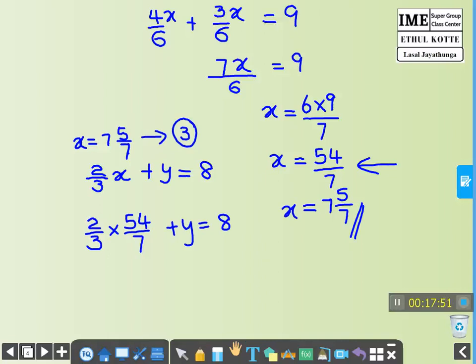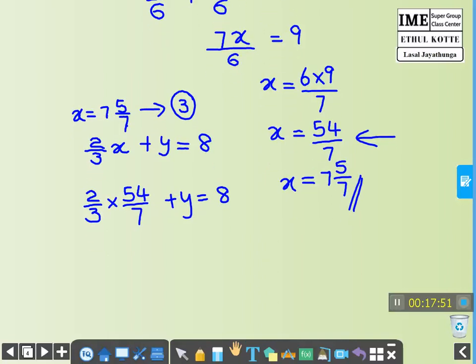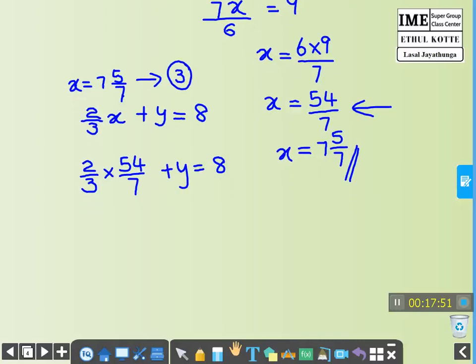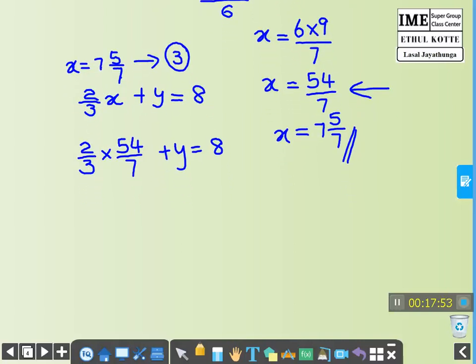Right, now simplify this. When you multiply this, 2 into 54, here you can cut down even. 3 and 54, 3 divided by 3, 1. 54 divided by 3 is 18.